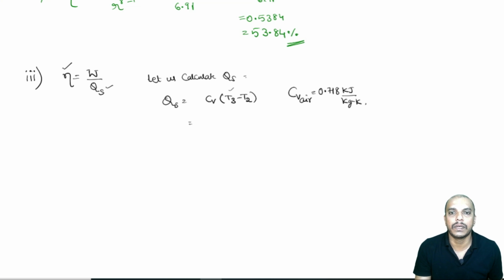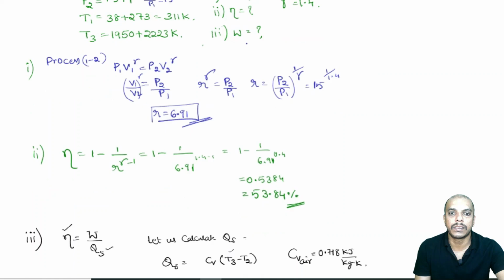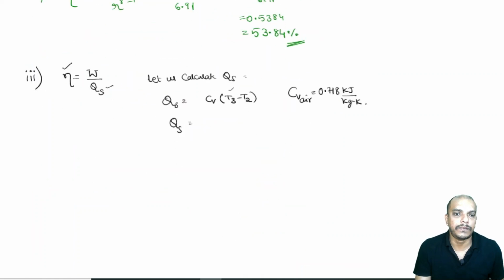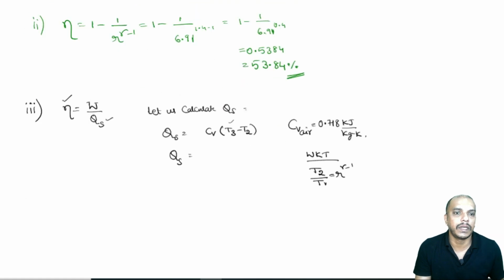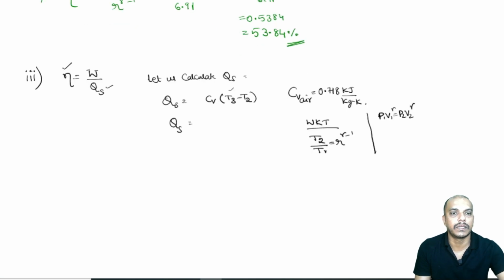Now T3 is already known to us. If we calculate T2, I think we can calculate QS. Now how do we calculate T2? That is very well known to us. T2 by T1 is equal to R power gamma minus 1. How did we arrive at this equation? This equation is derived from P1 V1 power gamma is equal to P2 V2 power gamma. Then we eliminated the pressure ratio.